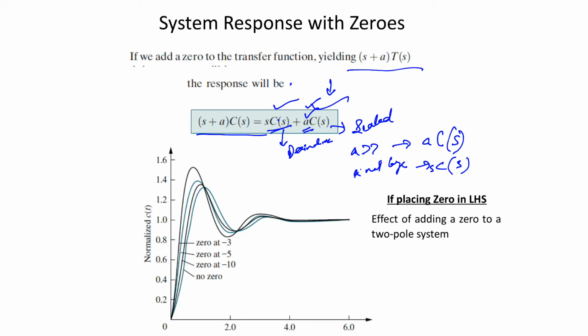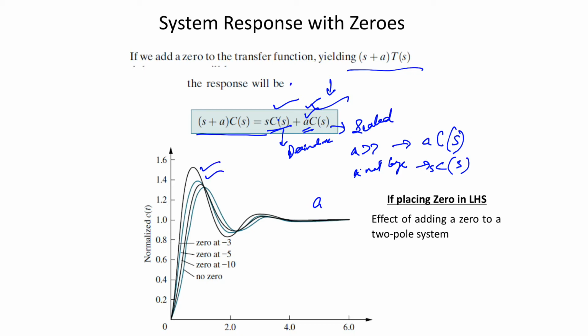For step responses, as we have seen, the derivative is typically positive at the start of the step response. Thus, for small values of a, we can expect more overshoot in the second order system because of the derivative term, which is additive around the first overshoot, as we have seen here.